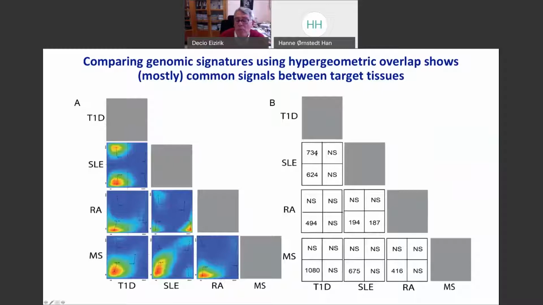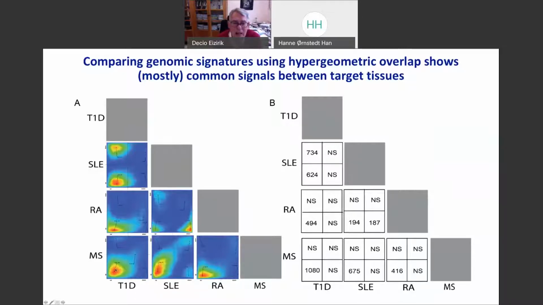You have more than 700 genes that are upregulated in type 1 and downregulated in lupus nephritis. So these diseases, in this case, have also some marked difference. In the case of multiple sclerosis and rheumatoid arthritis, as compared to pancreatic beta cells, they have mostly upregulated genes in common.